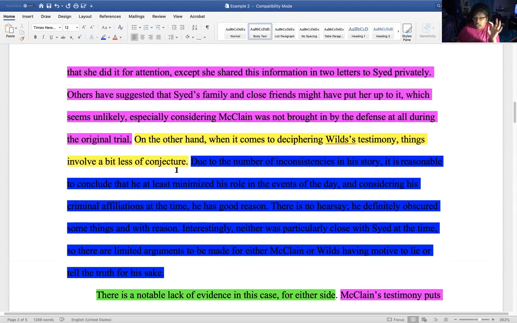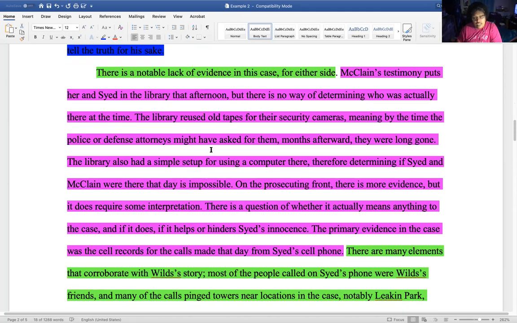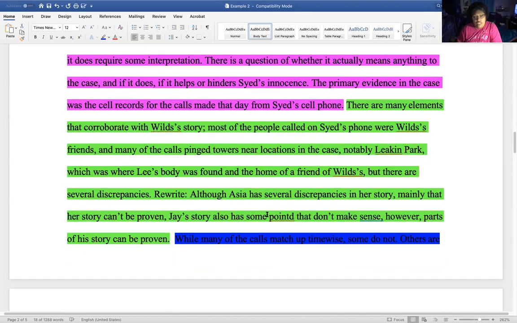And in between, she has a transitional phrase with a sentence that signals to the reader that she's about to switch to the next person. Either she's going to compare or she's going to contrast, right? And you see that she does this every single time.